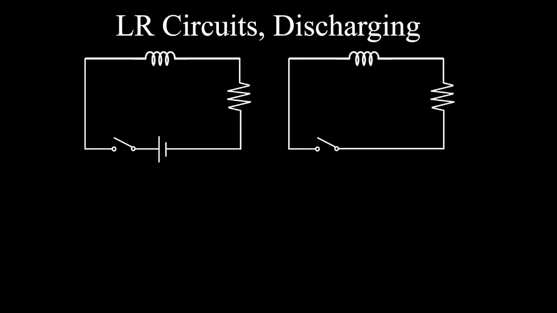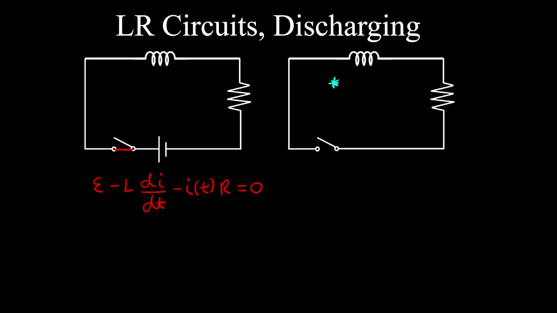Now we'll look at the case for when the inductor is discharging. When we charged up this inductor, the switch was closed, and we have the EMF provided by the battery minus the inductance times the change in current minus the current times the resistance equal to 0 by Kirchhoff's loop rule.